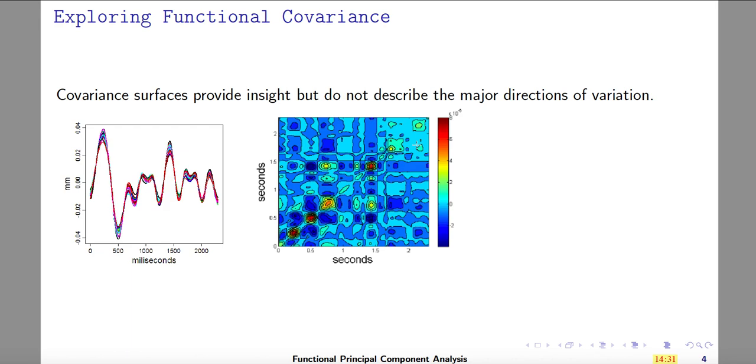For example, if we just look at this handwriting data by eye, we can see that at all these peaks or valleys, the variation is the largest, just looking at it vertically. But we need some way to describe these major variations quantitatively. So what can we do?